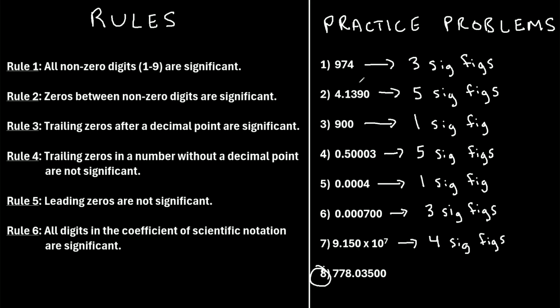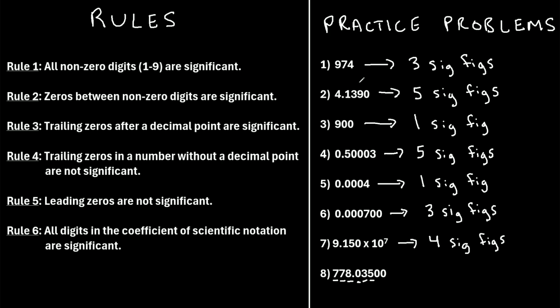And let's check out our very last example, number 8. We have 778.03500. So we know that all of the non-zero digits, let's underline those, are significant because they're non-zero. What about this 0 right here after the decimal point? Well, notice that it's wedged in between two values that are non-zero. So based on rule number 2, we know that zeros between non-zero digits are significant. So that 0 is significant.